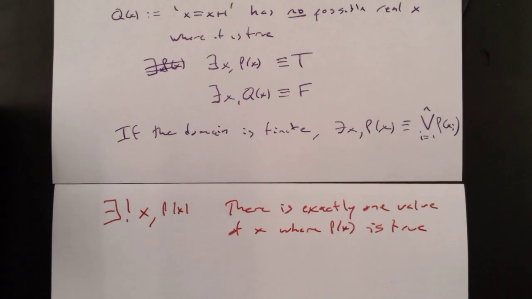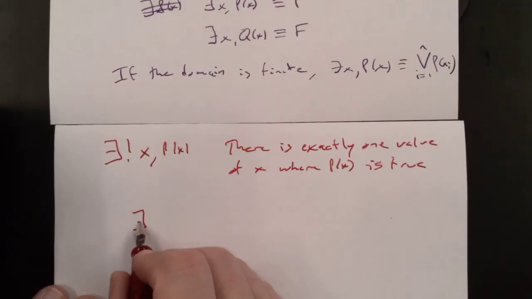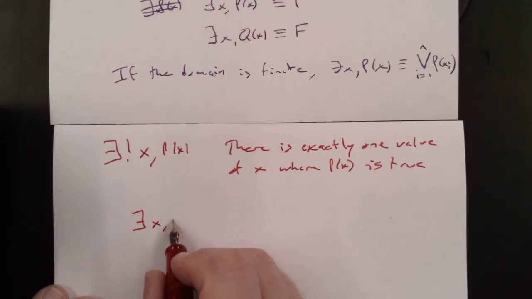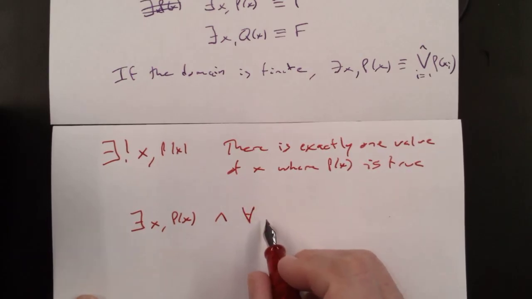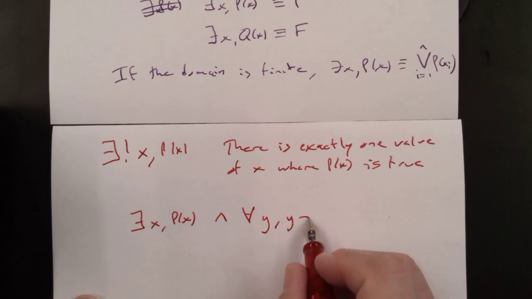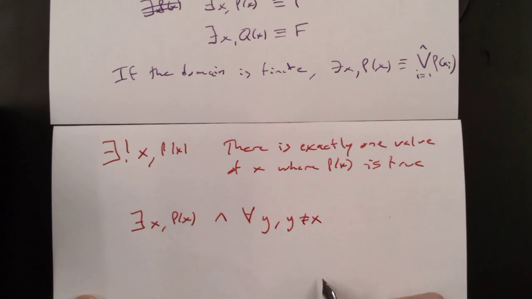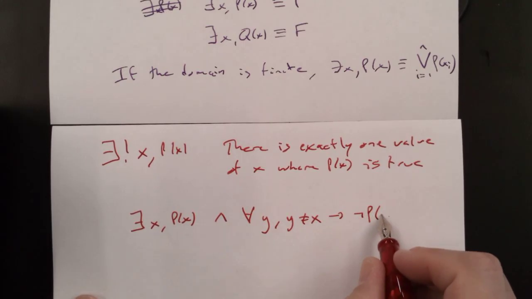But really what that means is two statements. It means something like this. There exists an x where p of x is true, and for any other value, for any y not equal to x, implies not p of y.